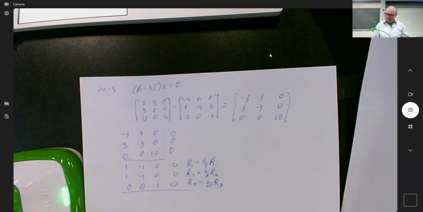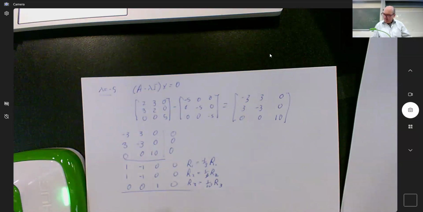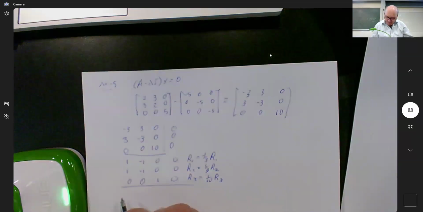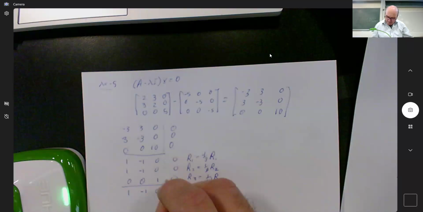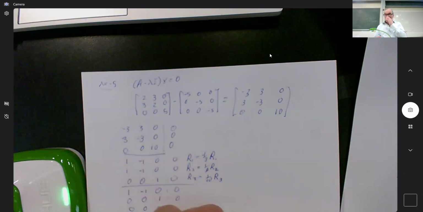All right. And so when I come to doing this, the reduced row echelon form of this is going to look like this. I'm not going to worry too much about it; hopefully at this point you all got that, right?